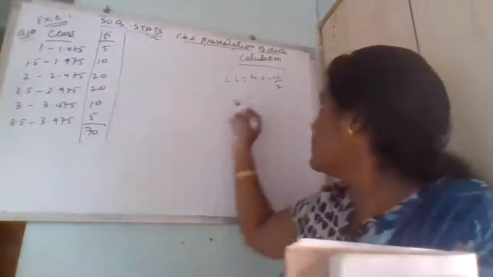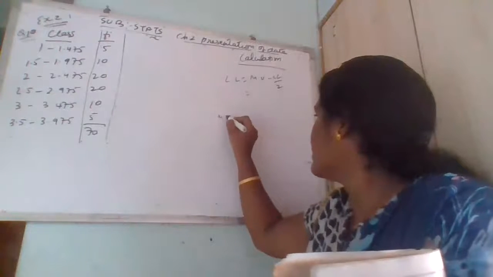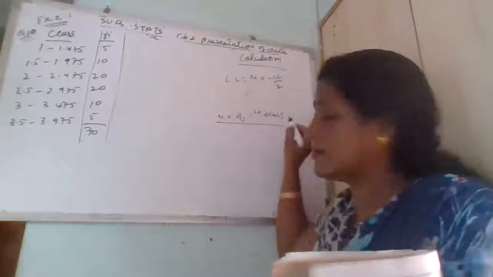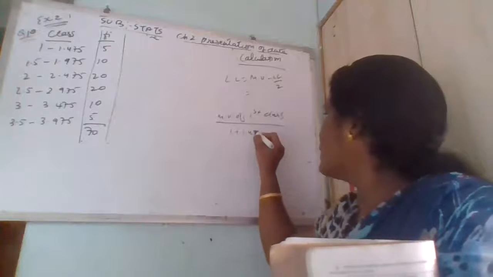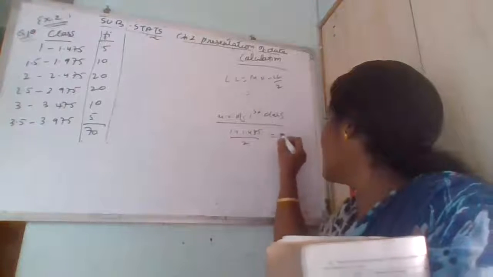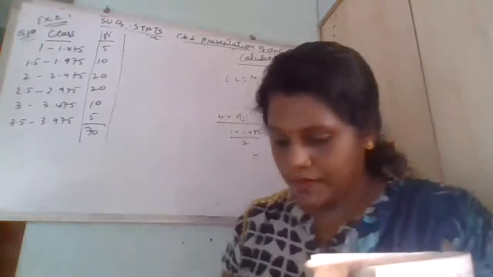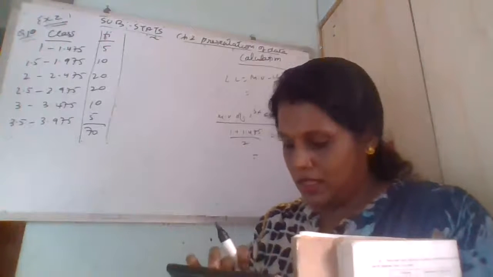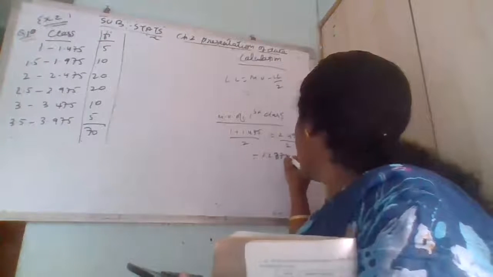So here, what is the mid value of the first class? Mid value of the first class is 1 plus 1.475 divided by 2, that is 2.475 divided by 2, that comes to 1.2375.